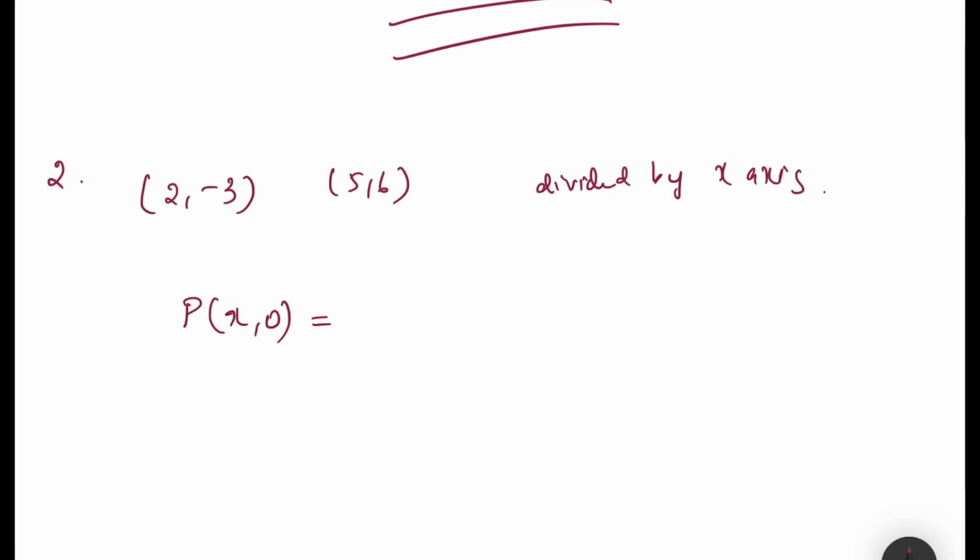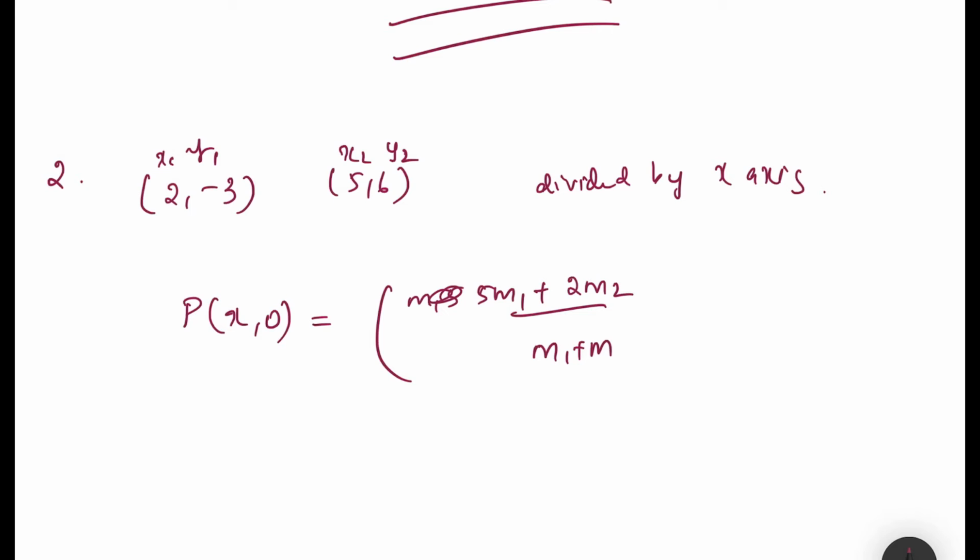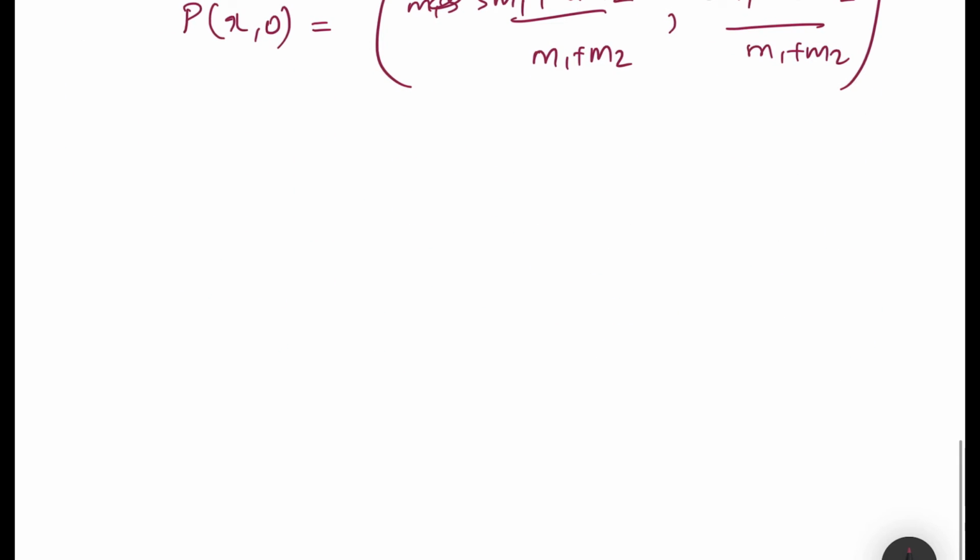So we can write P (x, 0) equal to, with these as x1, y1, x2, y2: m1 x2, so m1 times 5. I can write it as 5m1 plus m2 x1, which is 2m2, by m1 plus m2, and similarly the second part will be 6m1 minus 3m2 by m1 plus m2. Let me take the y part here.